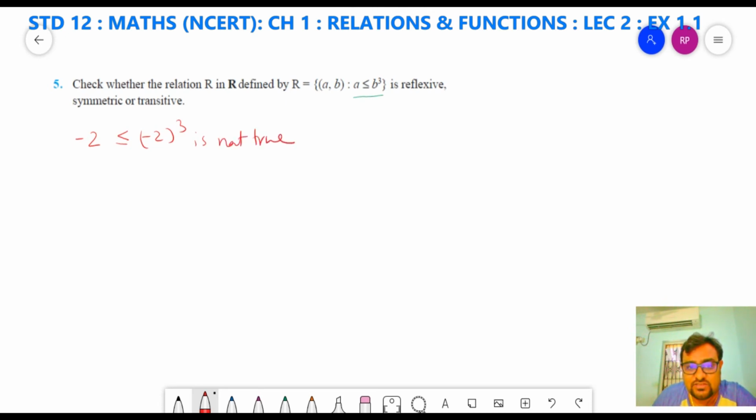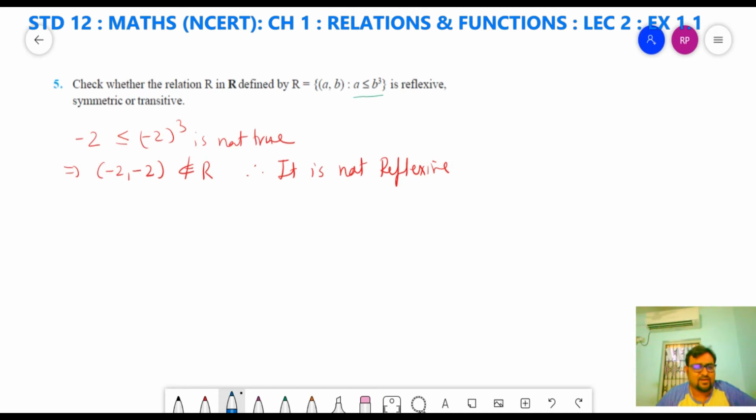This is a false statement. -2 is not less than or equal to (-2) cubed; in fact, it is greater. So what does that imply? (-2, -2) does not belong to R. Therefore, the given relation is not reflexive.